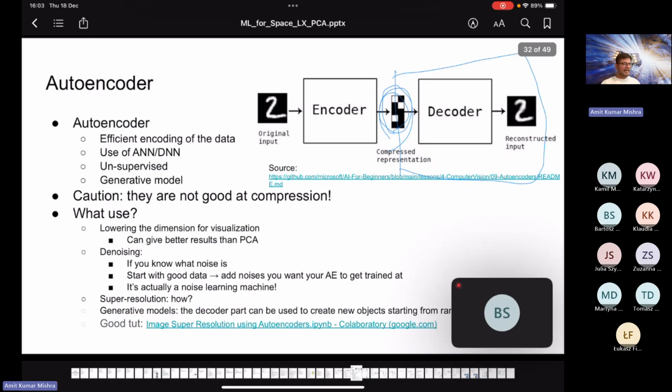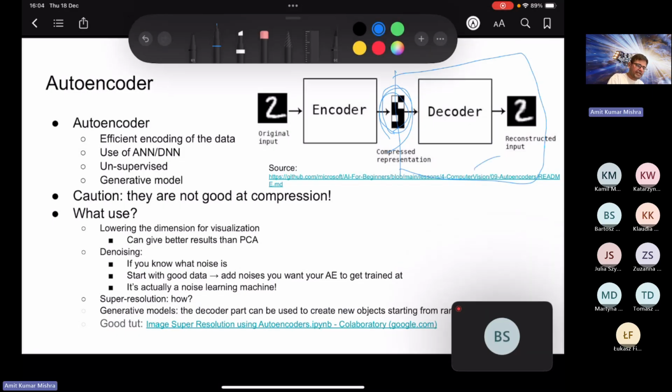Hence, the first requirement while training an autoencoder is that you make sure that what you are creating here is the same as the input. So you find the error between input and the recreated image or data, and you try to minimize the error. In addition to that, you enforce another requirement: the distribution of the compressed data representation has to be as close as possible to a Gaussian distribution.